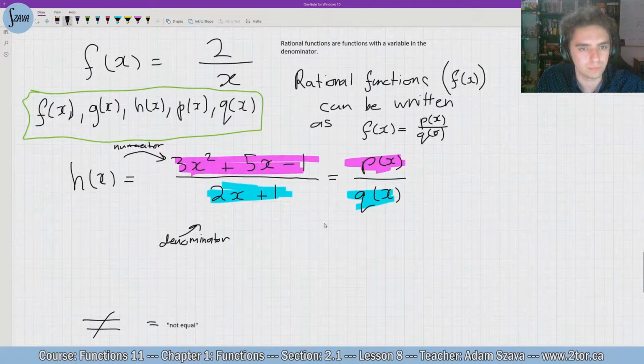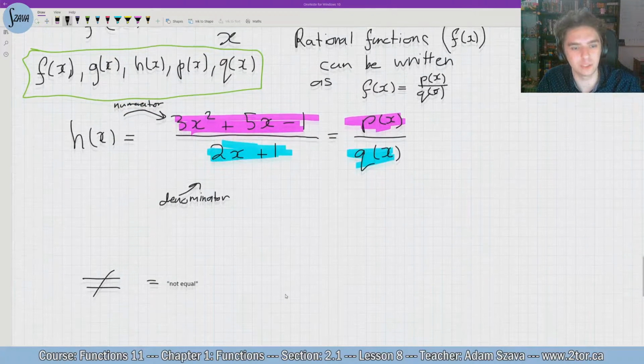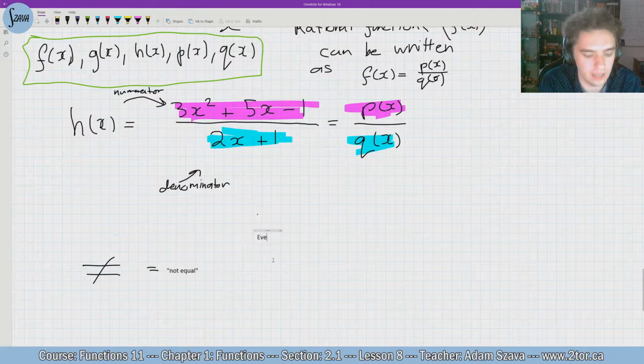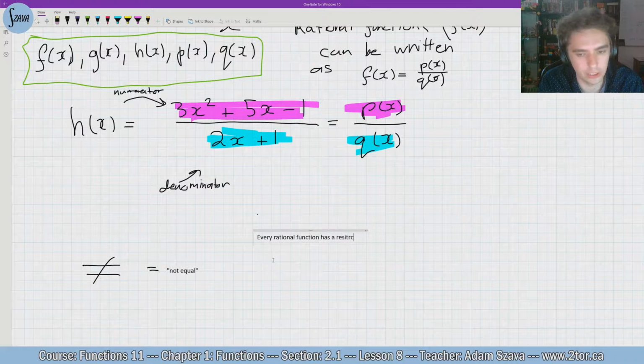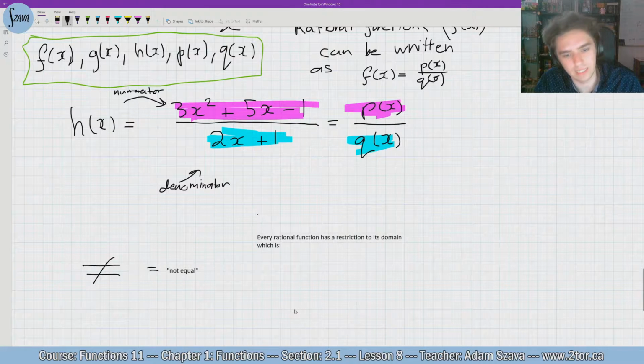Okay, so the important thing about every rational function is that it has a restriction. Every single rational function has a restriction to its domain, which, maybe you can guess what it is.